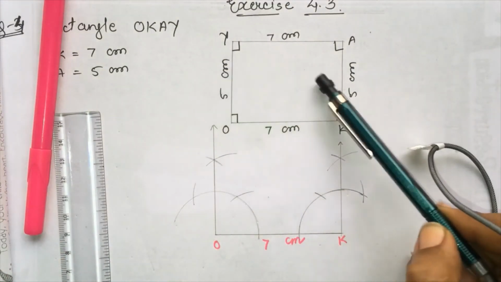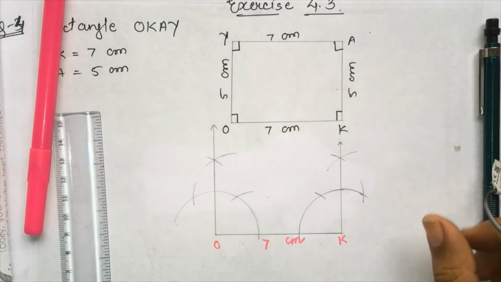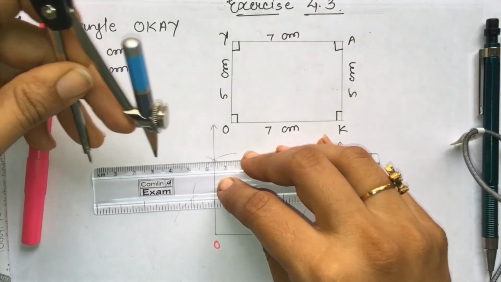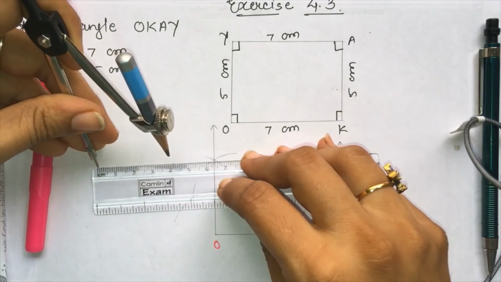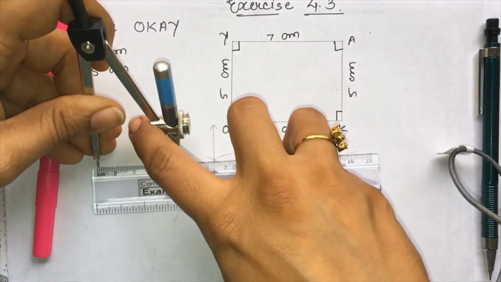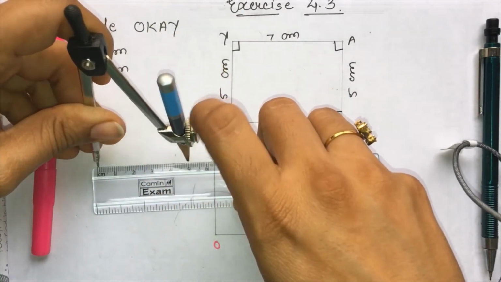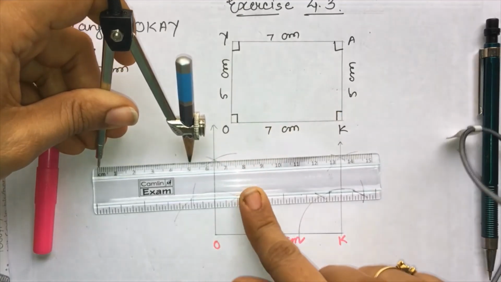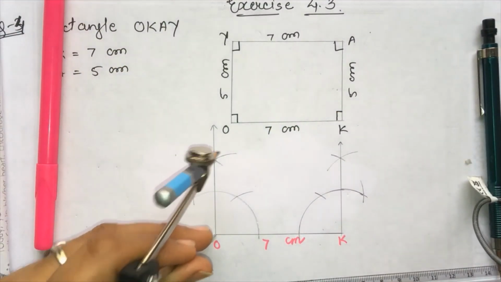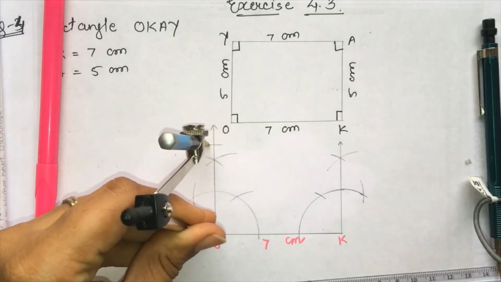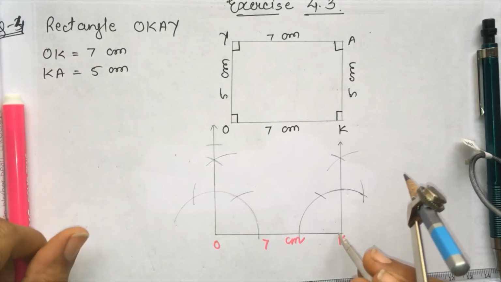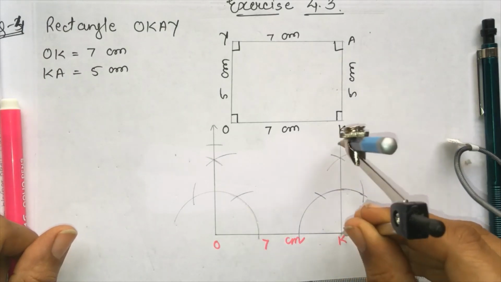Next is length of 5 centimeter. For that, what we have to do is, we will take the radius of 5 centimeter. You can see over here, this is 5 centimeter, and from O, one arc of 5 centimeter over here, and one arc from K of 5 centimeter.